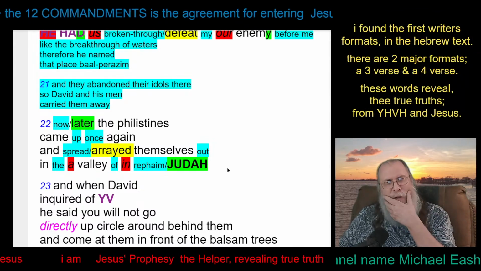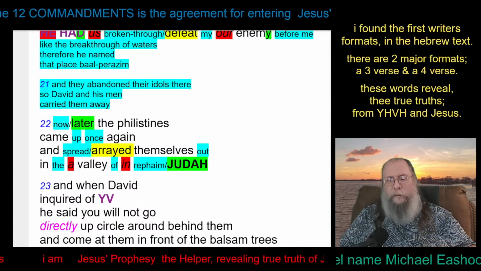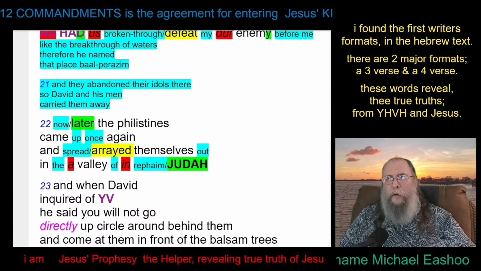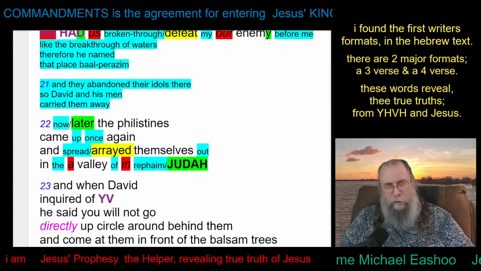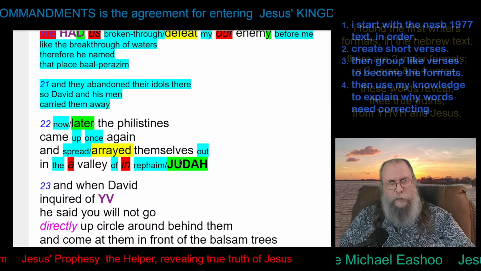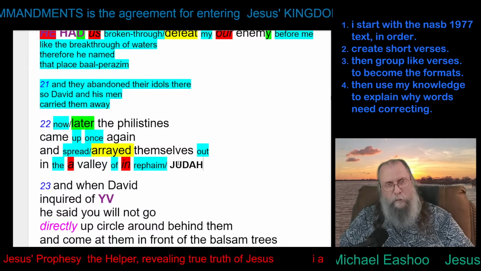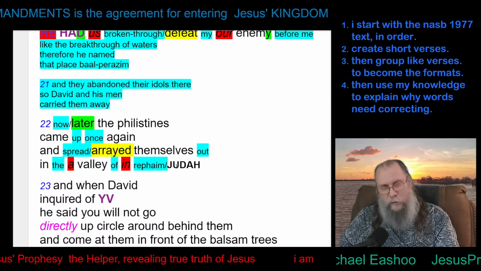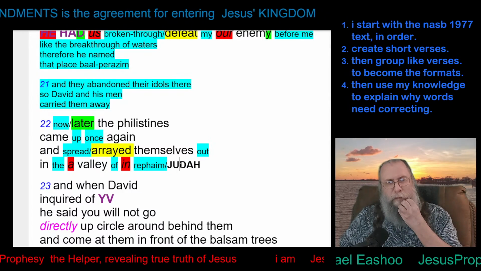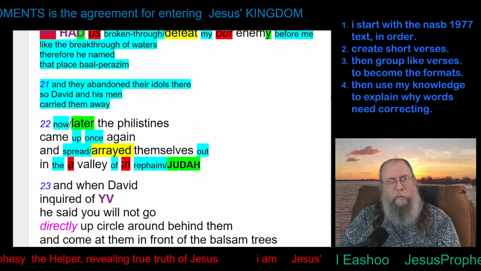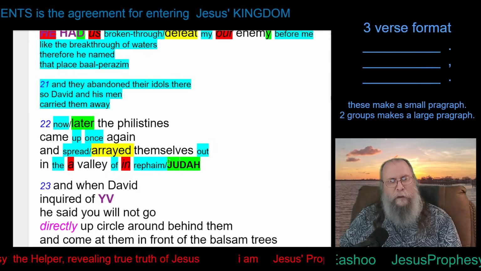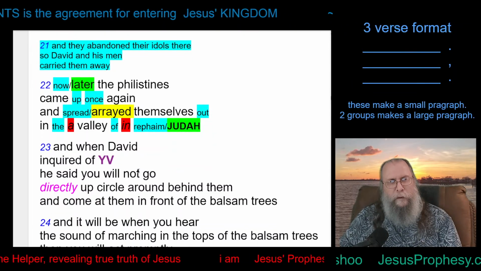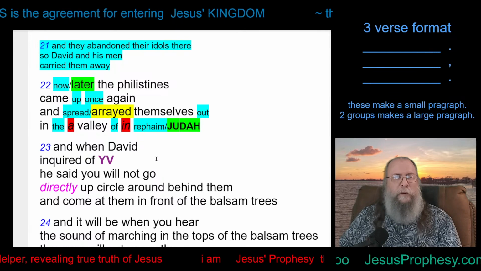People at that time weren't that good, so I'm going to use this Judah. That's the tribe Judah being evil, but now they're coming up into Judah's area.